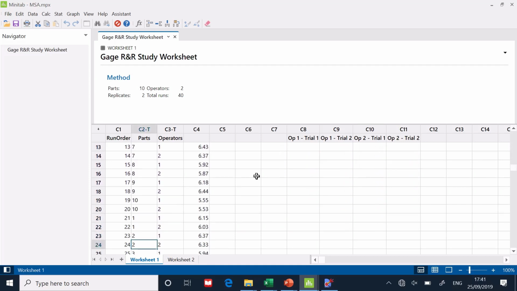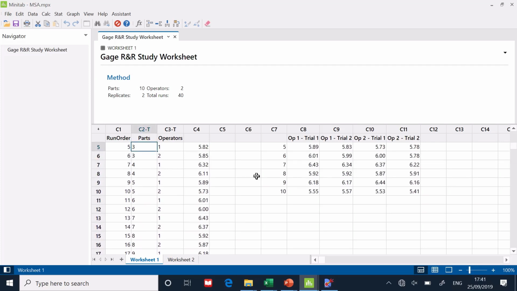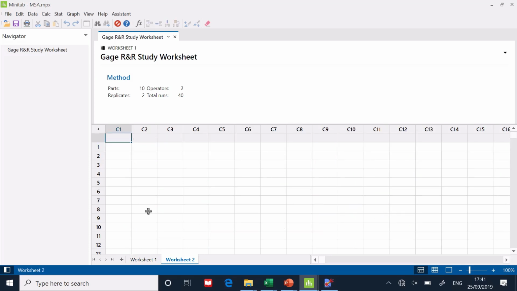Now this is quite a strange pattern to set up, but fortunately Minitab has shortened this procedure now because they give you a little wizard that will set this pattern up for you. So if I go to worksheet 2, which is blank, I'll show you the way that Minitab sets up the column of data for you.